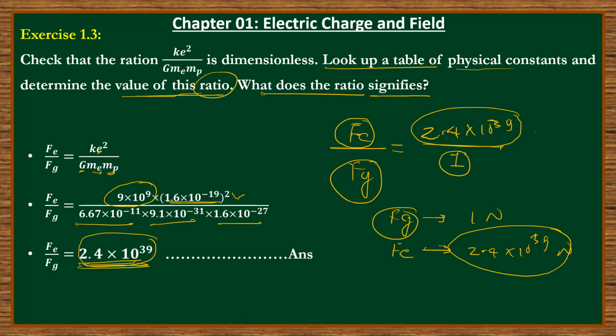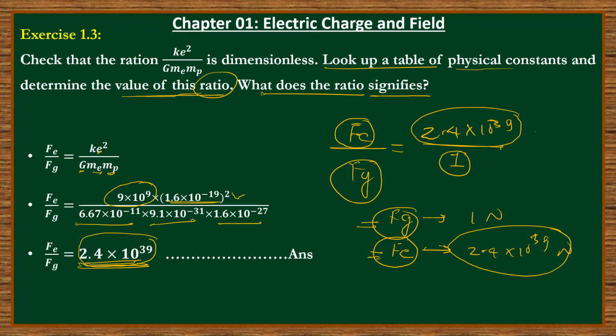We have seen that the gravitational force is a fundamental force and the weakest force in the universe. The electrostatic force is also a fundamental force of repulsion or attraction, and its value is much more than the gravitational force. It is a strong force, but not the strongest. The strongest force is the nuclear force.